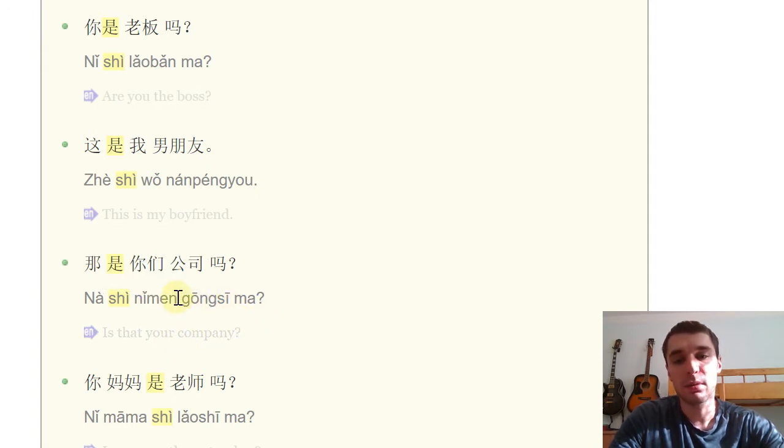Why don't we use 的 here? Because before I said 你, if you want to say my, mine, you have to say 我的, right? You have to add 的, but here we don't have it. Because sometimes we can just leave it out, for example, with family members or companies like here.